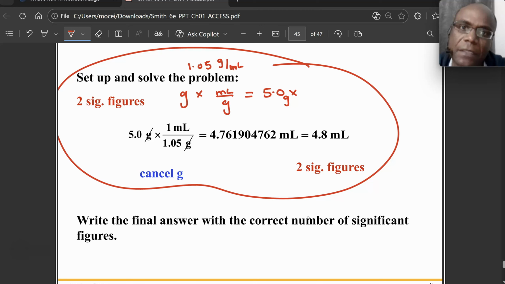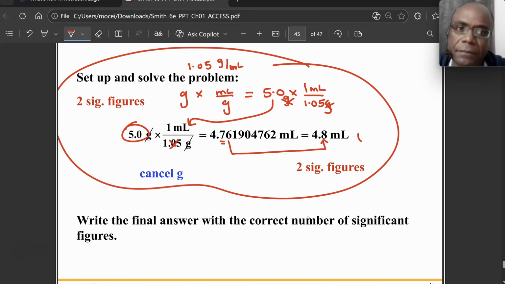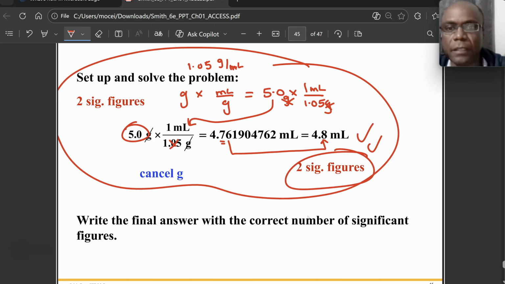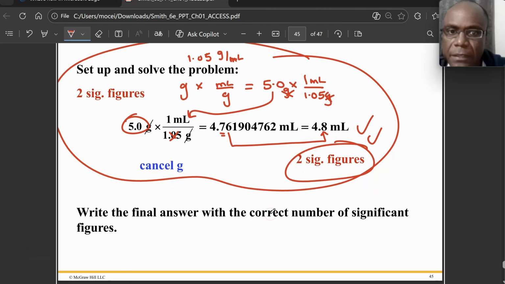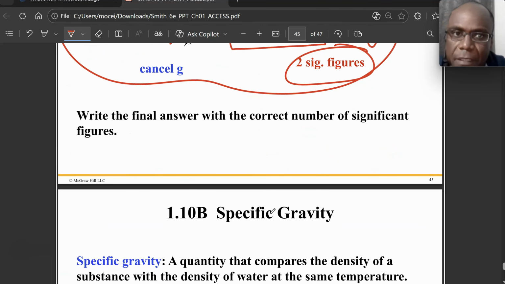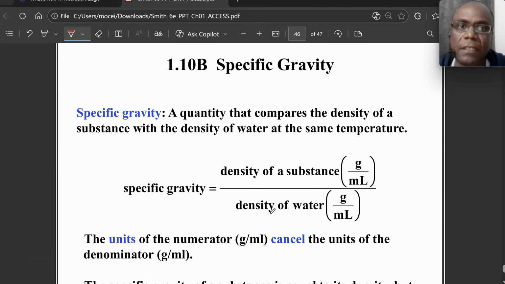The reverse of it will be 1 ml over 1.05 grams. G and G cancel, which gives this expression. Report to 2 significant figures, not 3. 7 is going to be rounded up to 8. Okay. Always write your final answer to the correct sig figs.